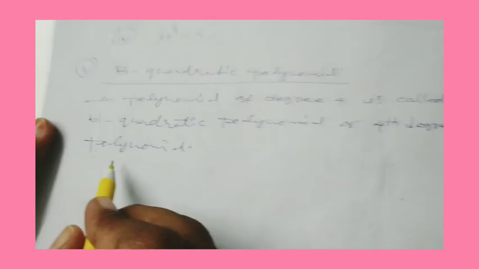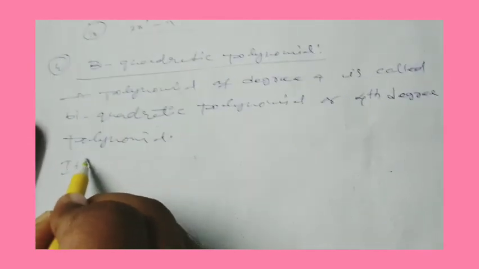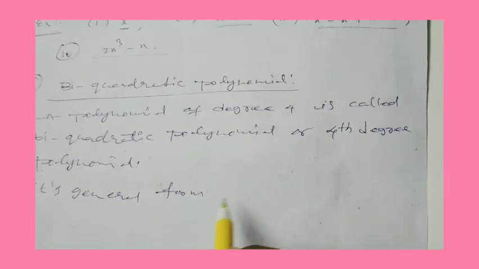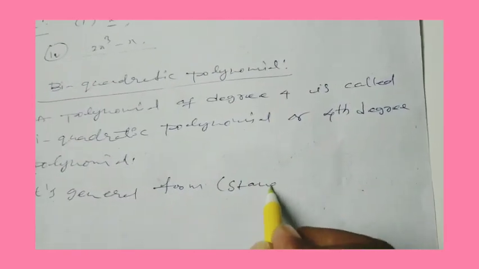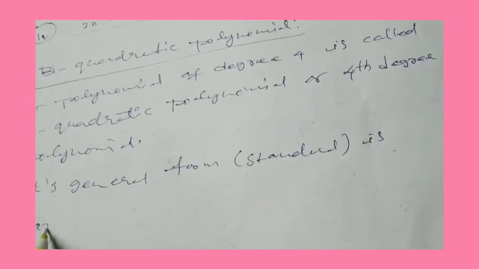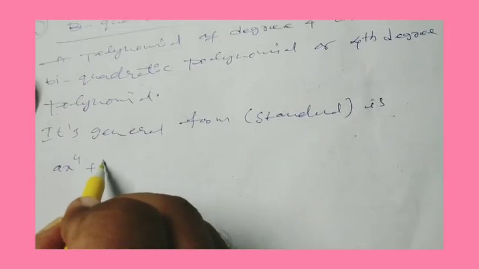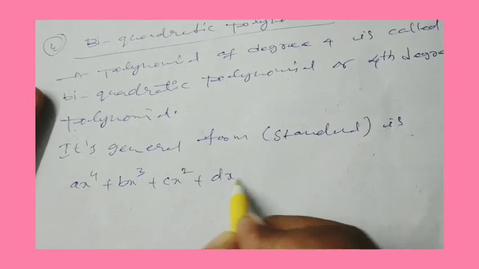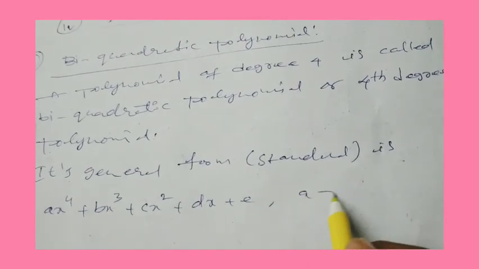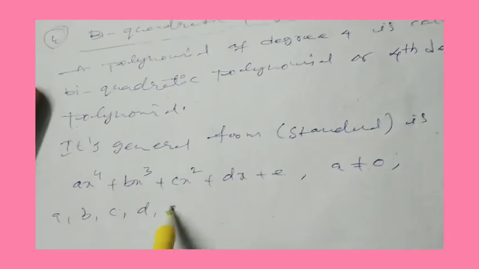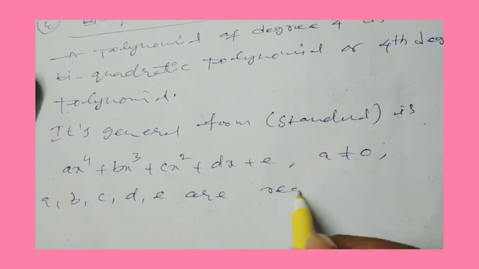Its general form or standard form is ax power 4 plus bx cube plus cx square plus dx plus e, a not equals to 0. a, b, c, d, e are real numbers.